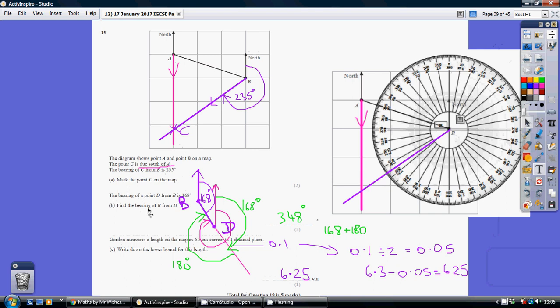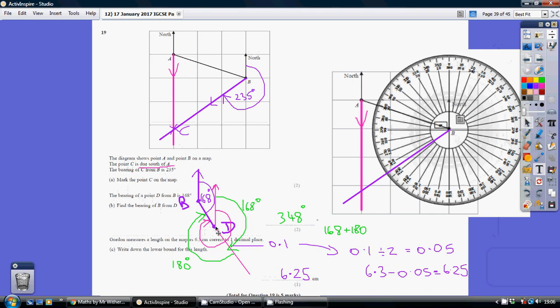Now part B is very difficult, I think. We're told that the bearing of D from B is 168. So here's D, there's B, so D from B is 168. Okay, again, from north, clockwise, 168. We've now got to find the bearing of B from D. B from D. So how do we describe B from D?